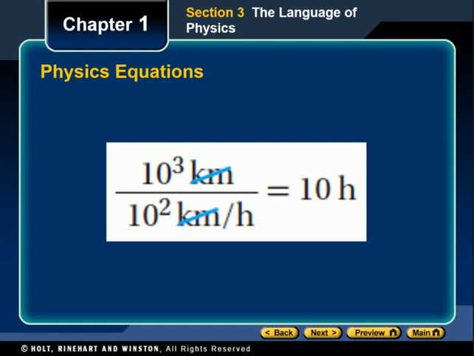The speed, 88 kilometers per hour, is about 10 to the second kilometers per hour, or 100 kilometers per hour. So we will divide 10 to the third kilometers by 10 to the second kilometers per hour to yield 10 hours. This estimate indicates that the answer should be closer to 10 than to 1 or 100, which would be 10 squared. The correct answer, 8.2 hours, certainly fits this range.